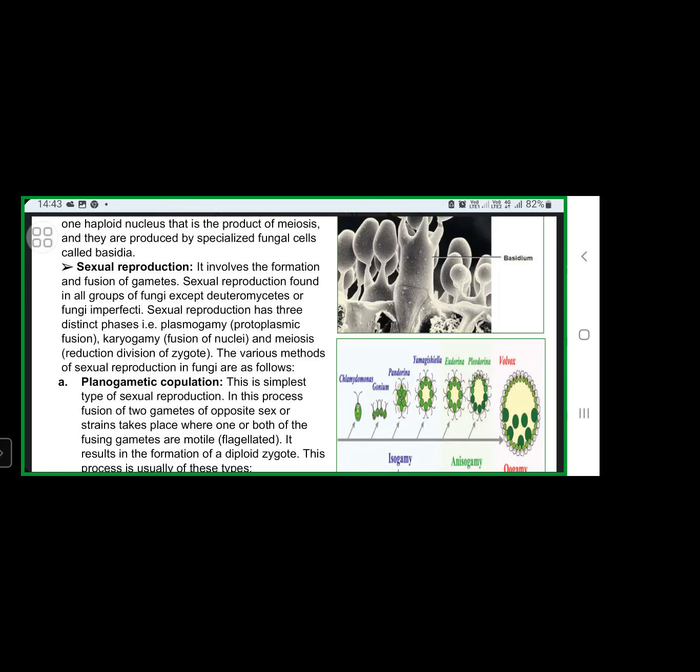Plasmogamy means fusion of protoplasm. Protoplasms of both strains will fuse during this phase. That means a male strain protoplasm fuses with a female strain protoplasm. That is called plasmogamy. The second one is called karyogamy.